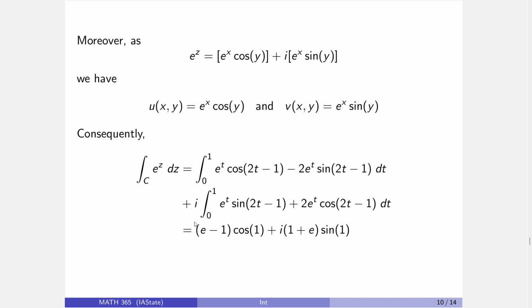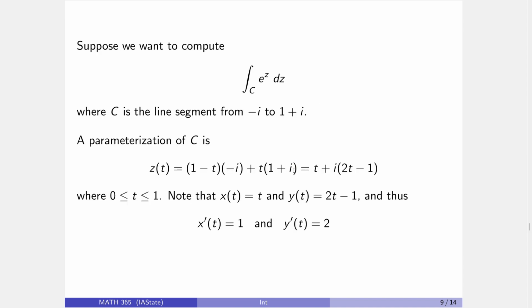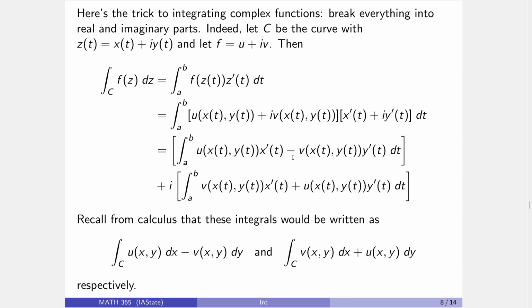There's the real part, there's the imaginary part. We have our u of x and y, but we have to replace our x with t and our y with 2t minus 1, and then we have our derivative of x here, which is 1, and our derivative of y, which is 2. Note the minus sign, and that is just coming from i times i occurring.